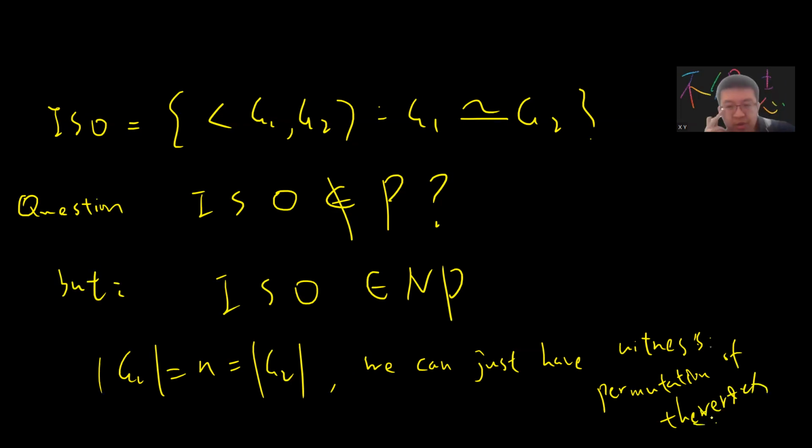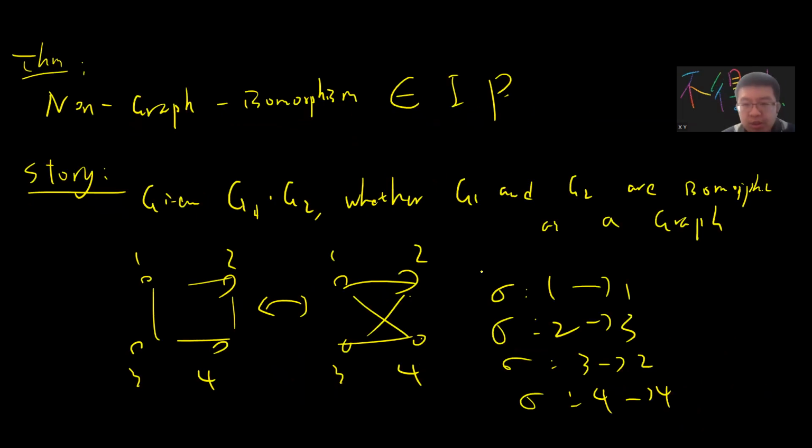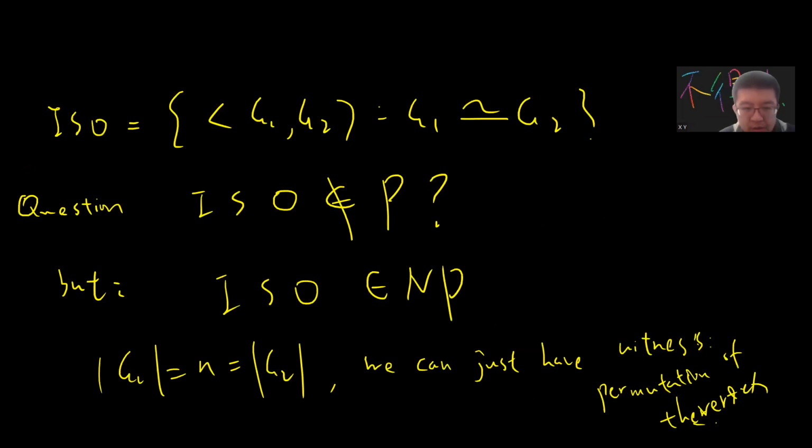You can just give me the permutation of vertices, and I verify that the permutation makes the graphs isomorphic. So ISO is in NP.